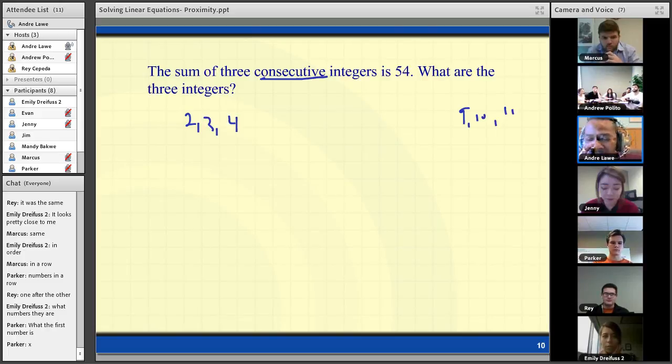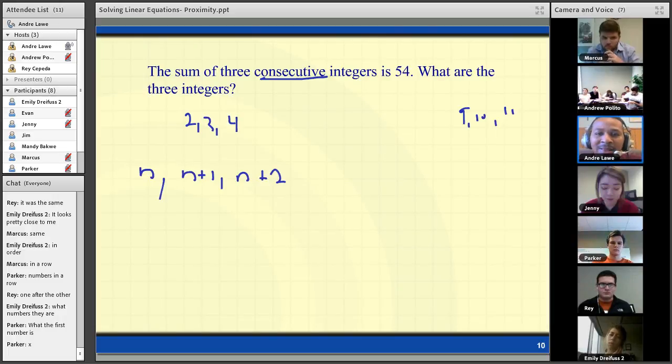Okay, so I'm going to use n this time just because n is for number. So if our first number would be n, we wouldn't know what our second is, but we know that it's one more than this number. So I'm going to use the n plus 1 to represent that second number. And similarly, the third number has to be 2 more than the first number.